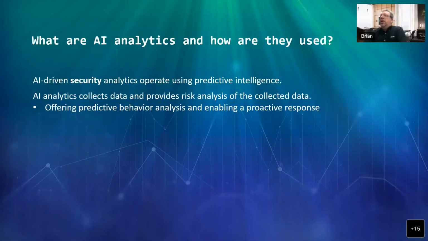So, where are AI analytics and how are they used? When we say AI analytics, we should say AI and analytics, because we're still utilizing traditional analytics such as a zone or a line. Somebody enters it, somebody exits it, or crosses it. The AI acts as a filter, if you will. It looks at what created the event and confirms whether it is what you're interested in. So if you're interested in a person, the AI confirms it is a person as opposed to an animal or a vehicle.